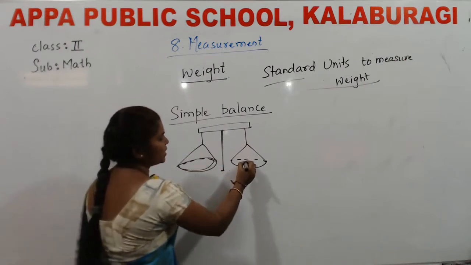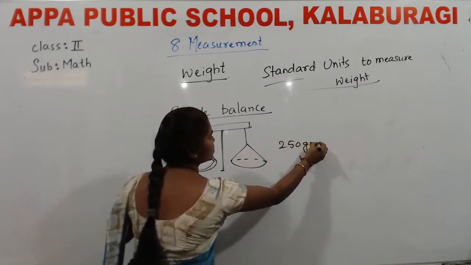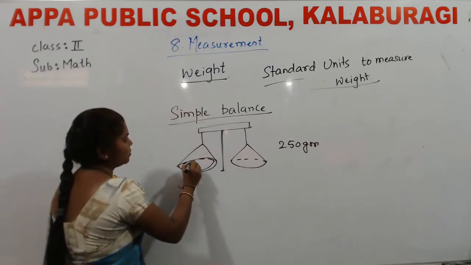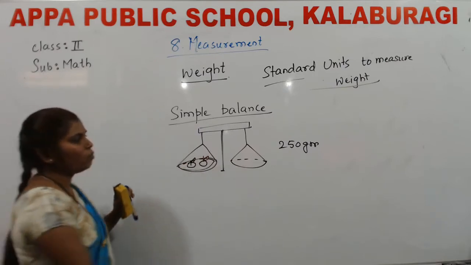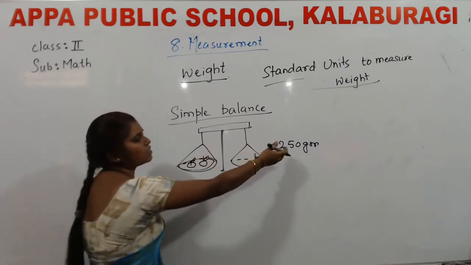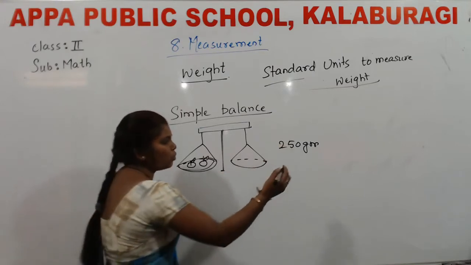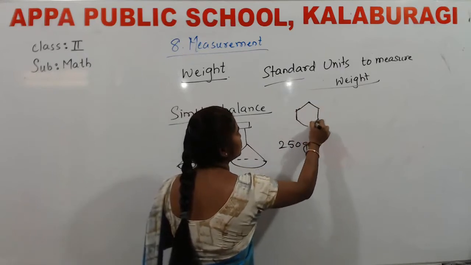So here on this we are going to keep, if I want 250 grams of apple, you say. If I want 250 grams of apple, what I have to place here, I said 250 grams. Now what exactly is 250 grams? So there are weighing stones.